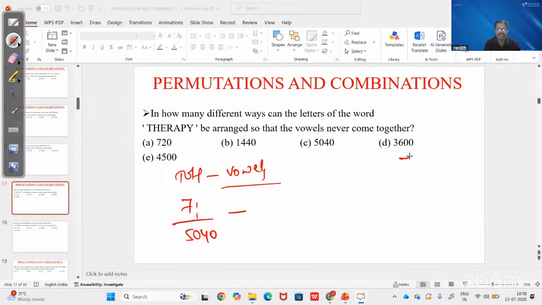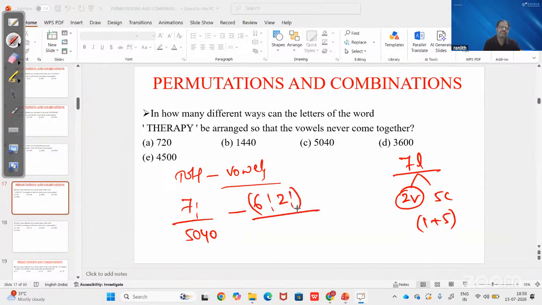Out of 7 letters, 2 are vowels and the remaining are consonants. All vowels come together is 1 plus 5, equal to 6 factorial into 2 factorial. 6 factorial is 720, into 2 equals 1440.